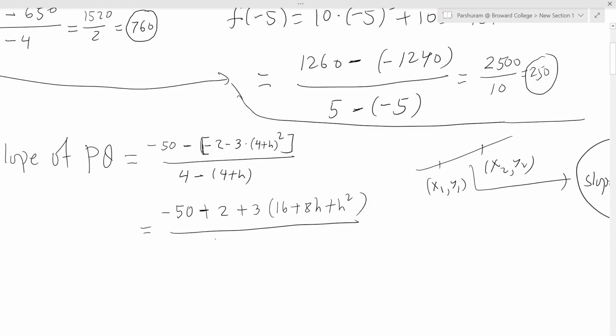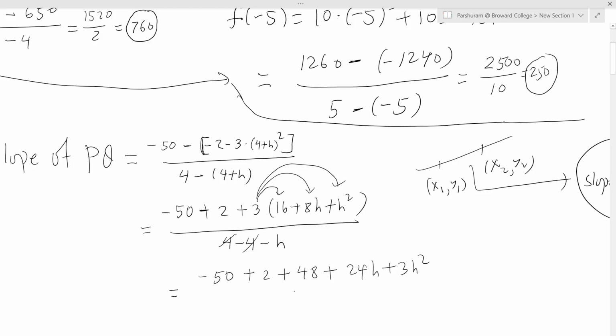On the bottom part, it would be 4 minus 4 minus h. So we can cancel this 4 and this 4. And now on the top part, you just have to distribute this 3. By doing that, you will get negative 50 plus 2 plus 48 plus 24h plus 3h squared over negative h.